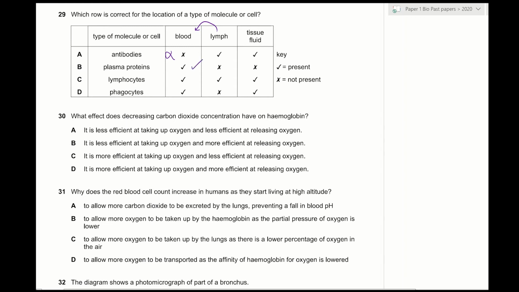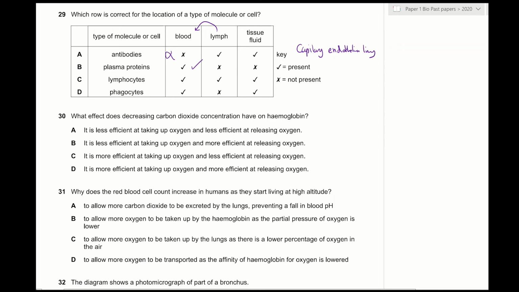This is correct. Lymph, tissue fluid. We cannot assume that plasma proteins are totally not present in lymph and tissue fluid. The reason for this is that only the small plasma proteins are able to penetrate through the capillary endothelium lining and go into the tissue fluid, then the lymph.